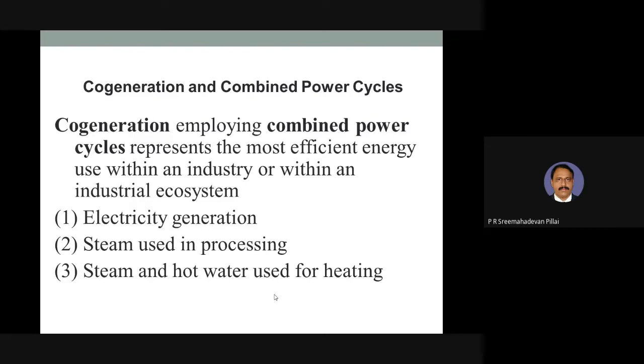I'm on the chat box now. What do you mean by cogeneration? Anyone? I think electrical people are the best people to say what cogeneration is.